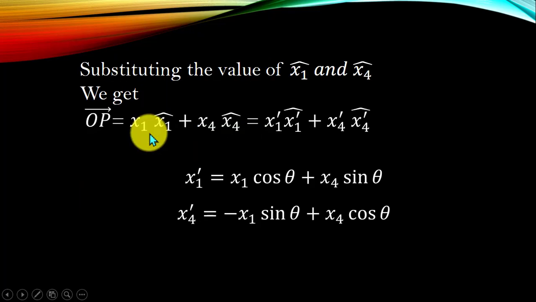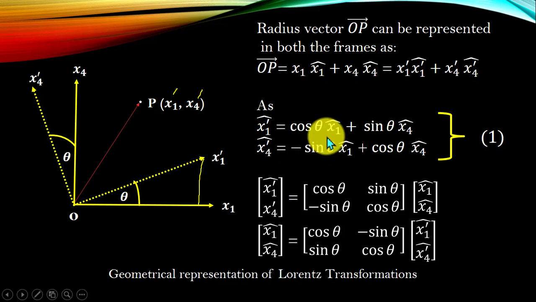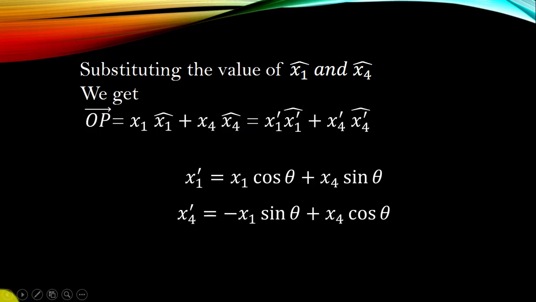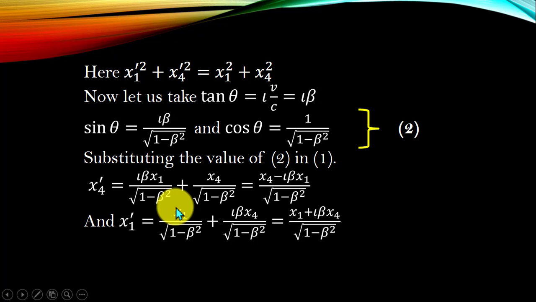Now what we do is substitute the value of sin theta and cos theta in the value of x1 prime and x4 prime. So you will get x4 prime as iota beta x1 over under root of 1 minus beta square plus x4 upon under root of 1 minus beta square.